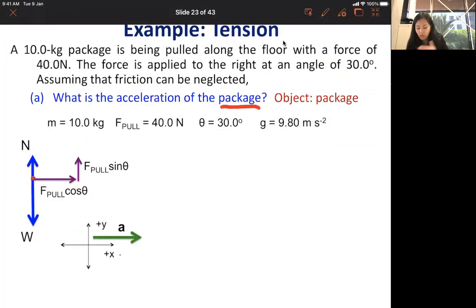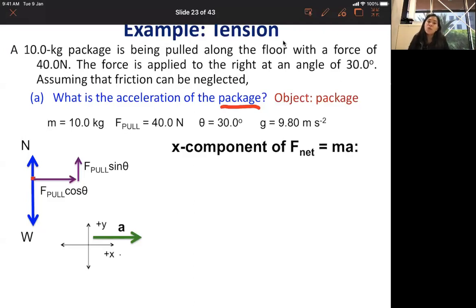So the acceleration is to the right. You identify which direction is positive and negative, and then you can work out Newton's second law of motion. Net force is equal to mass times acceleration.